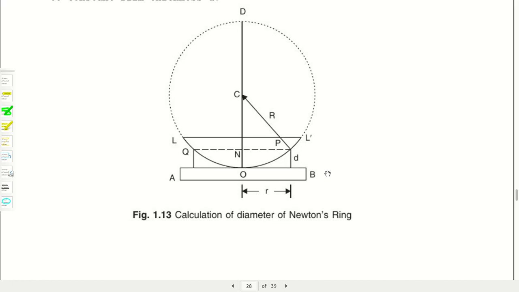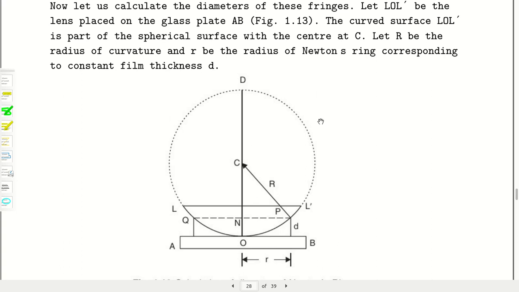So those points on the circle of radius r will satisfy the same identical max or min condition. So the nth max will be a circular ring of radius r. As you see from the top of the plano-convex lens, you will see some rings. That is why it is called the Newton's ring experiment.